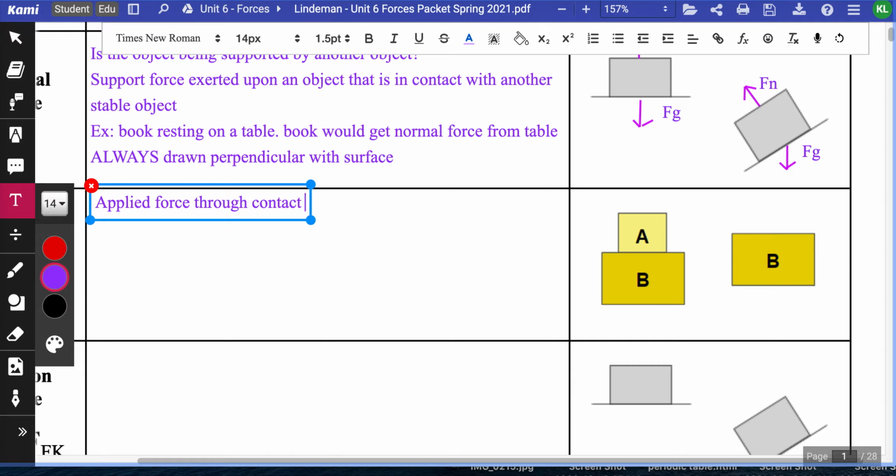Okay, so contact is required here to contact an object by another person or object.